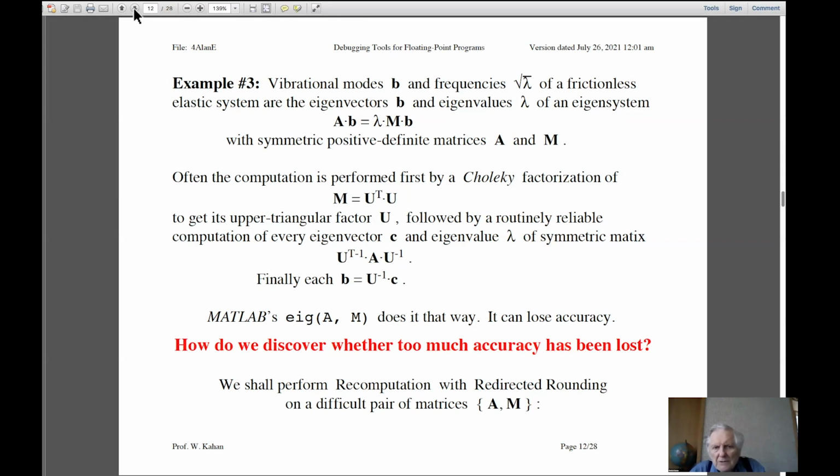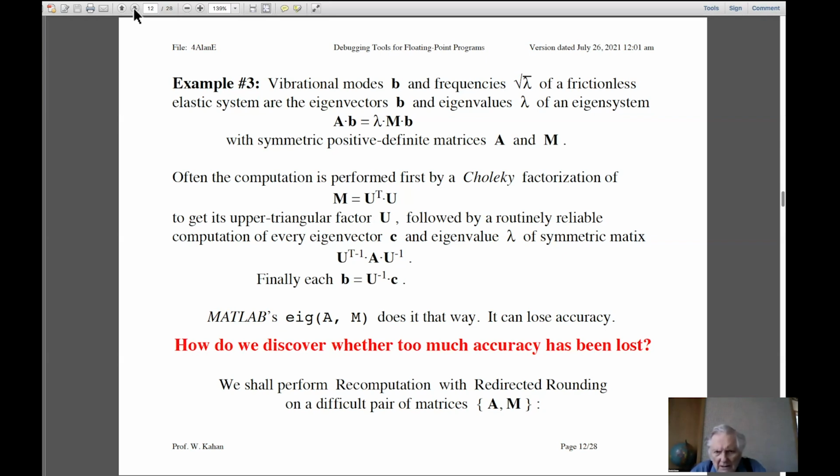U transpose U is the factorization of M. And then we have to invert the matrix U. Well, it's a triangular matrix. It doesn't take much work to invert it. And we now form U transpose inverse A U inverse, that's in the middle of the page. That's the matrix whose eigenvalues we want to compute. Then we'll take those square roots to get the frequencies.